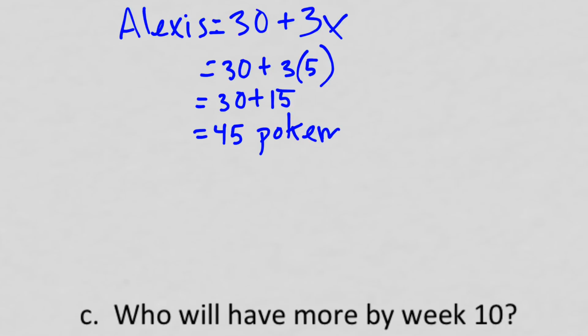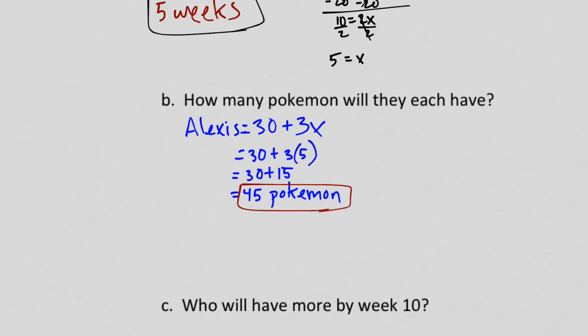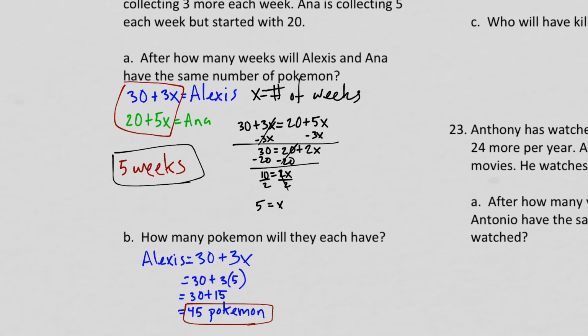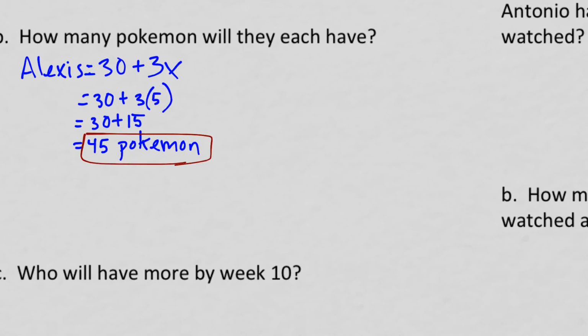Will Anna have the exact same amount in 5 weeks? Yeah, she will. That's what we said, right? After how many weeks will they both have the same amount? After 5 weeks, they're the same. That's what we solved. We set them equal to each other. So in 5 weeks, if Alexis has 45, Anna has 45. Watch, let's prove it. Anna is 20 plus 5x.